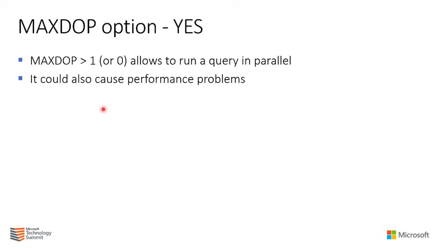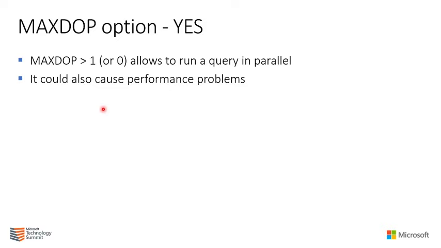And that's the idea, and the theory says that the more cores you have, the faster your queries should be. But you know, it's an ideal world, and the problem is that from time to time, I should say most of the time, it causes problems. So what you can do is set up your max dop option on a server level to some value.